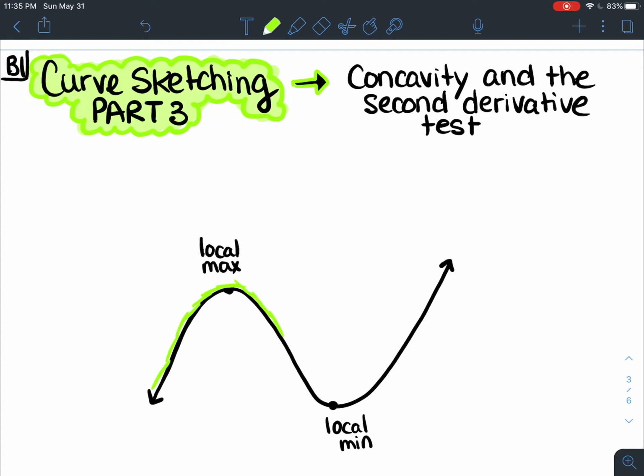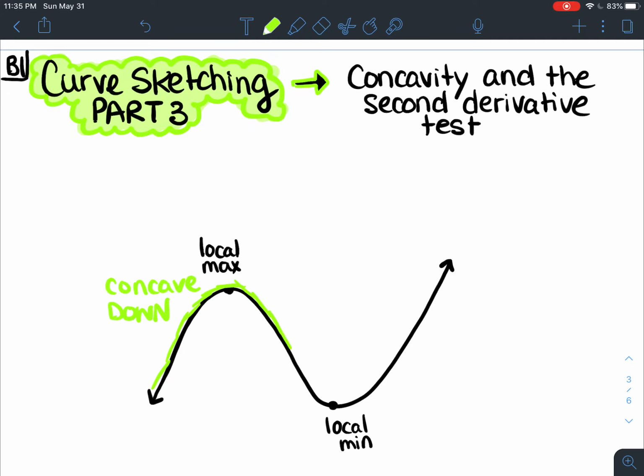So if you're drawing tangent lines and all of the tangents are above the curve and the graph is curving downwards like this, we would say that this part of the graph is concave down. So all the tangent lines are on top when we draw them, and the curve is going downwards.